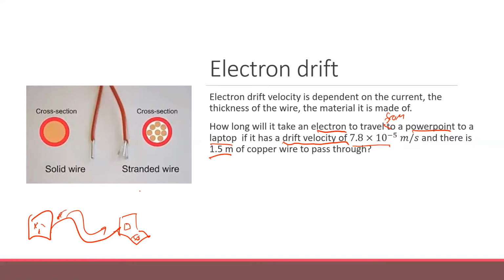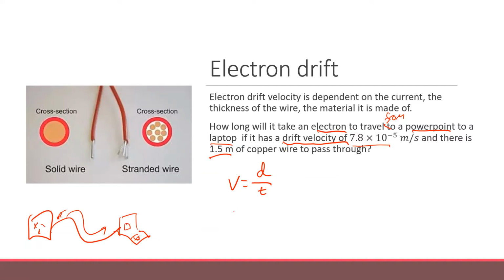You're like, okay, well, let's figure this out. We've got the drift velocity. Velocity equals the distance traveled over the time. We want to know how long it's going to take.